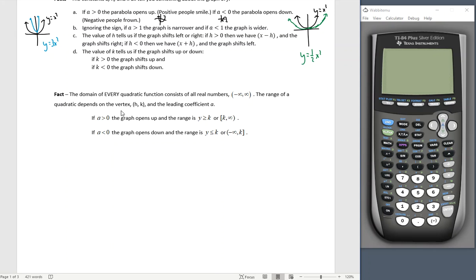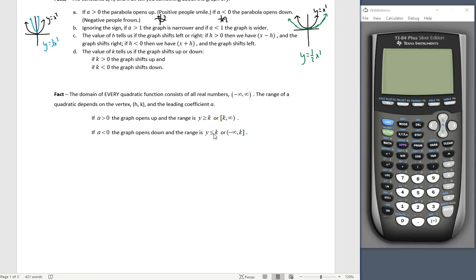The range of the quadratic depends on the vertex and the leading coefficient. Because the range is all about the y values, if a is positive, the graph opens up, and so the range will be facing up: y is greater than or equal to k, or in interval form from k to infinity. Hard bracket on the k because we do equal that vertex point. If a is less than 0, the graph will open down.